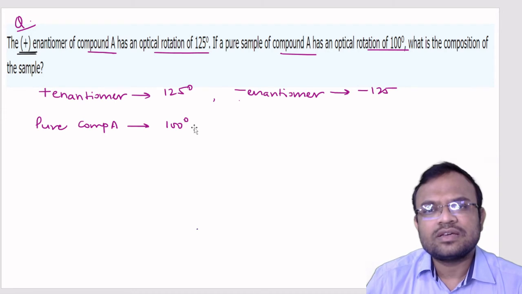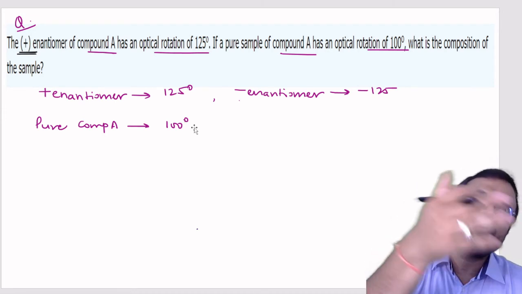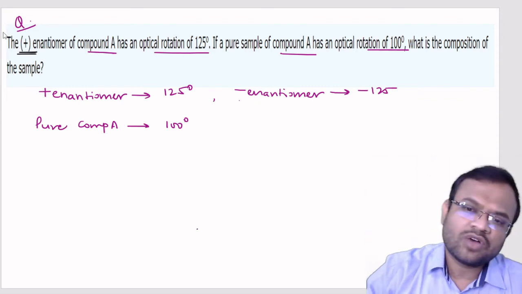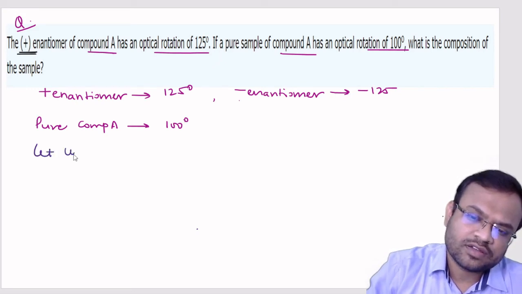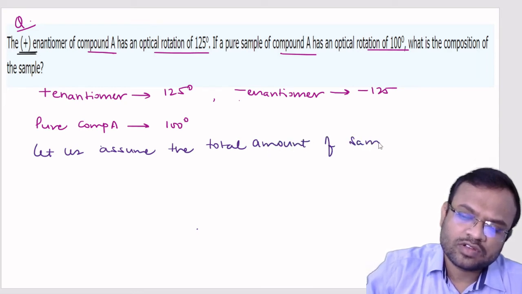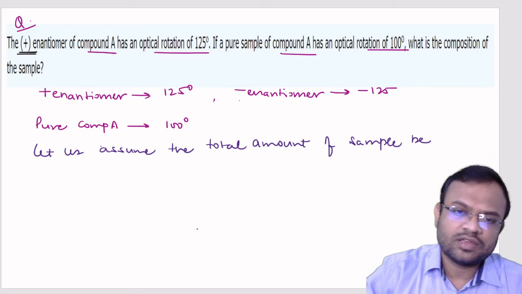Now what is being asked is: what is the composition of the sample? That means how much positive enantiomer and how much negative enantiomer is present. So let us assume the total amount of the sample to be X, or let us consider it as 1 for our ease.